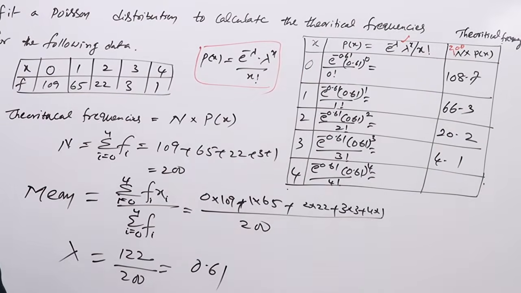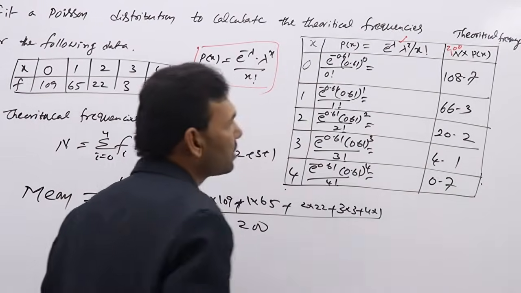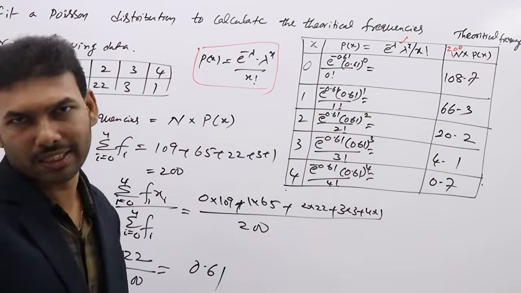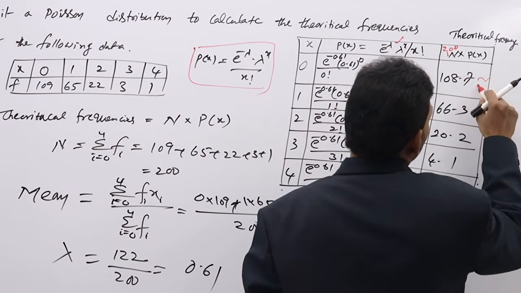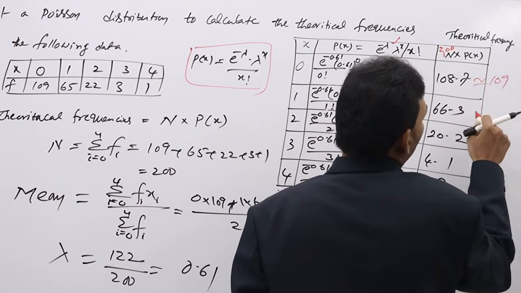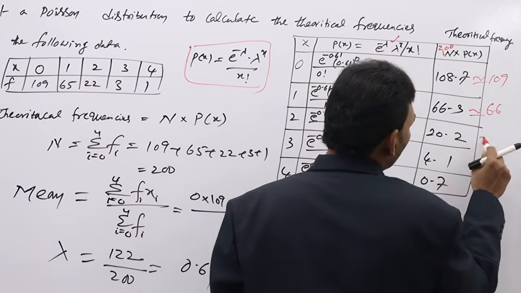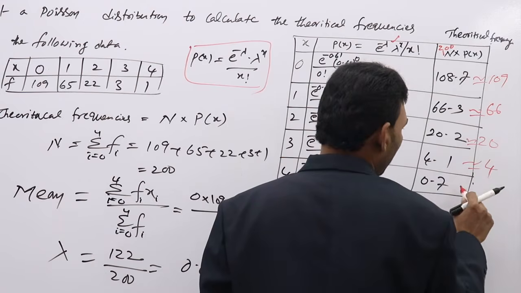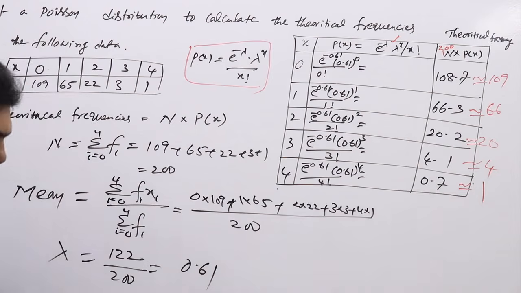After multiplying with 200, 0.7. Generally, we approximate that value with its nearest integer. So 108.7 can be taken as 109, 66.3 can be taken as 66, 20.2 can be taken as 20, 4.14 approximately equal to 1. They are theoretical frequencies.